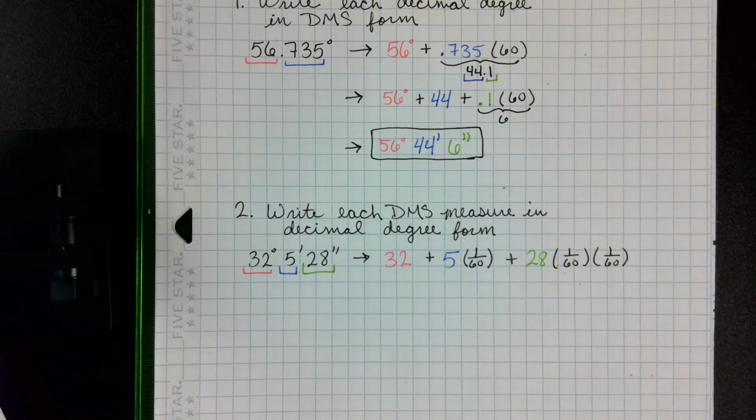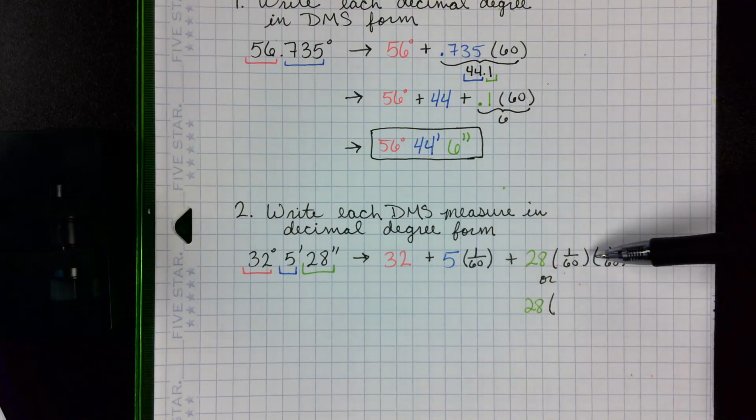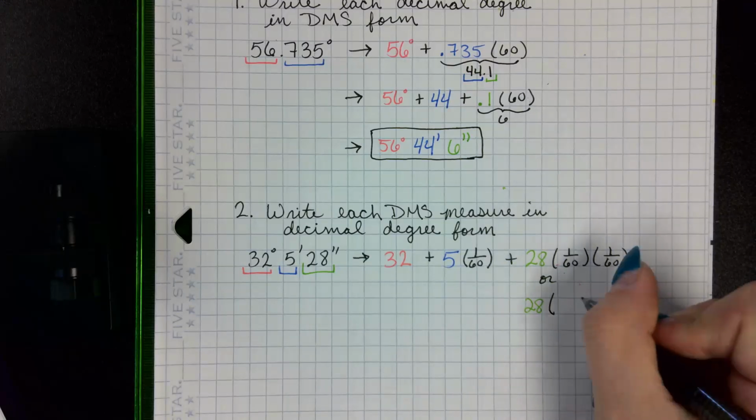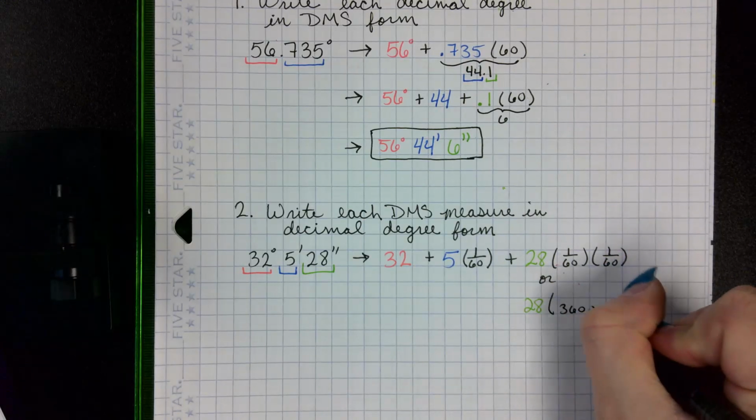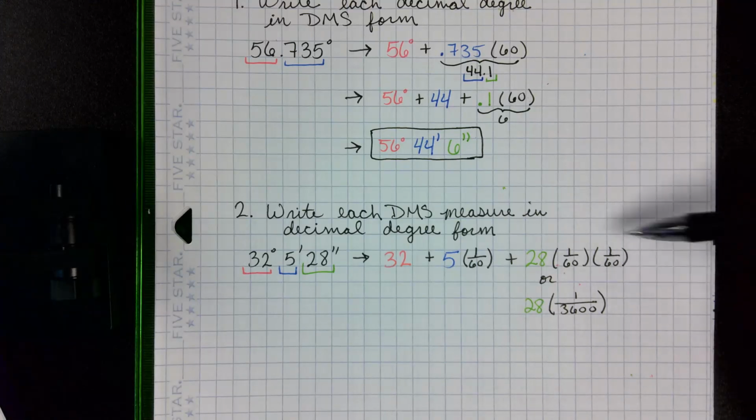So another way of writing that, this would be 28 divided by, if I did 1 over 60 times 1 over 60, that's 1 over 3,600. So this part is saying the same thing.